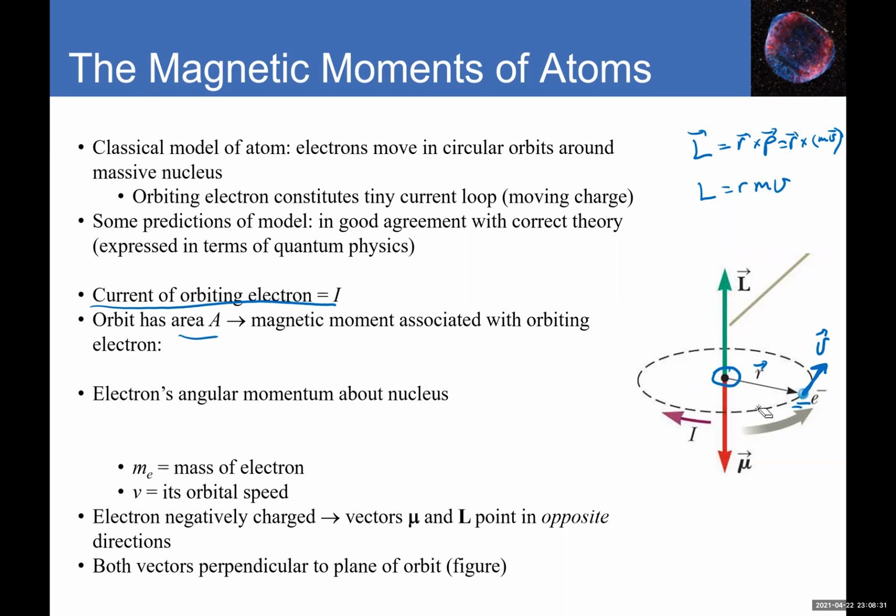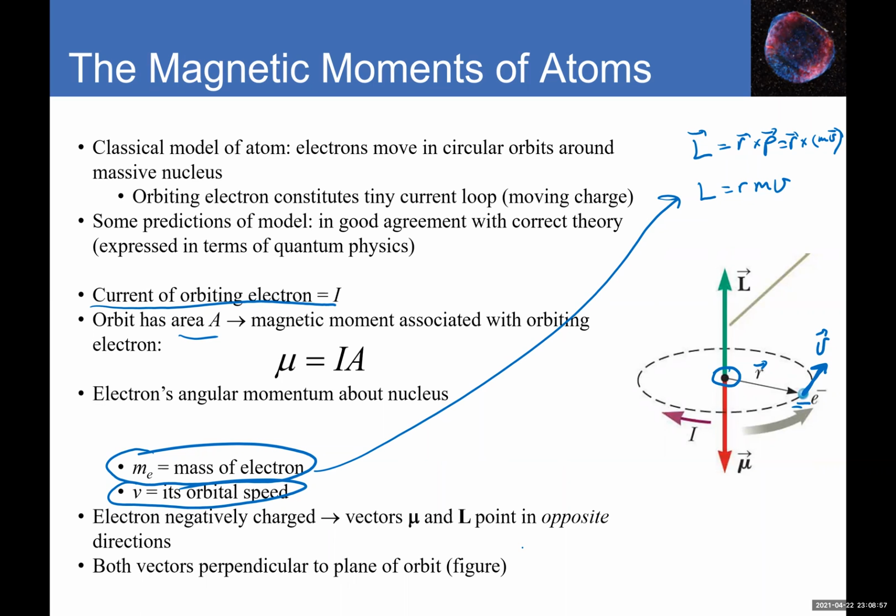Then we can calculate the electron's angular momentum about the nucleus, where we take the mass of the electron and the orbital speed. But we can also calculate the magnetic moment of this electron, mu, which equals the current times the area.